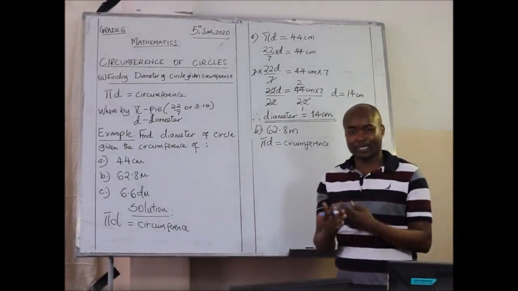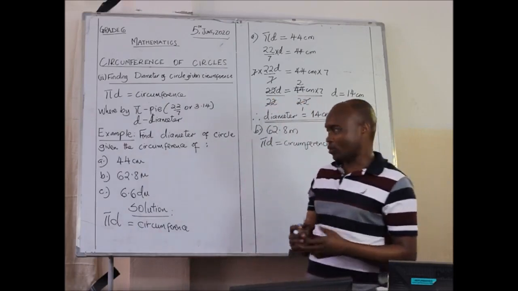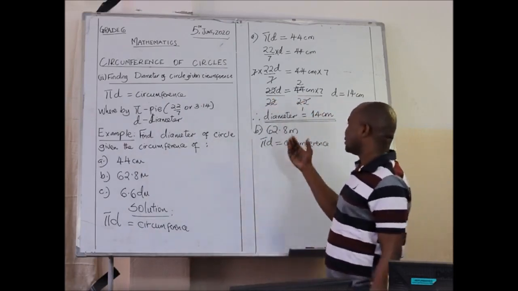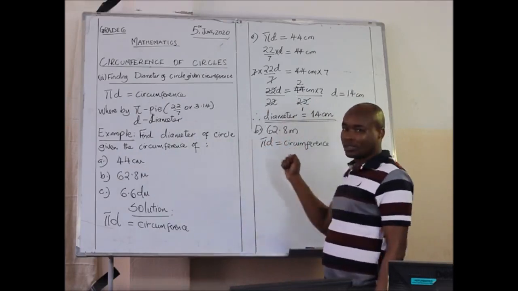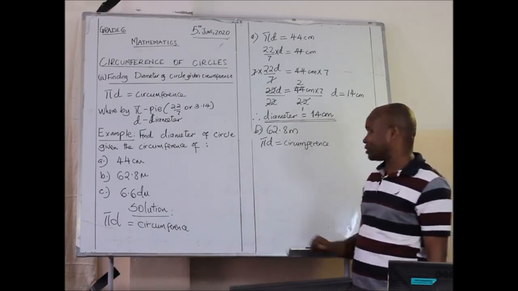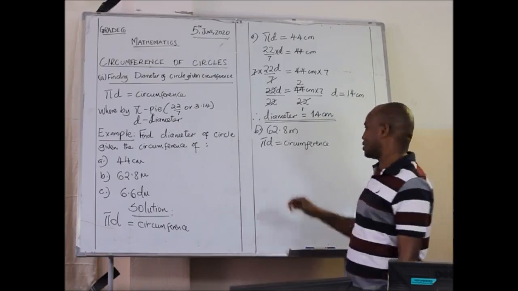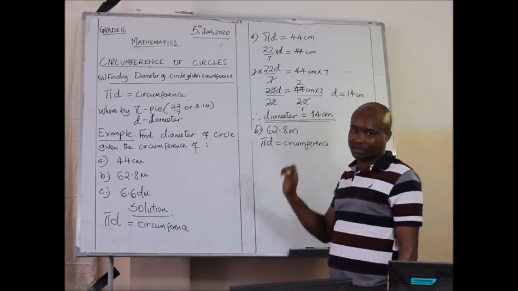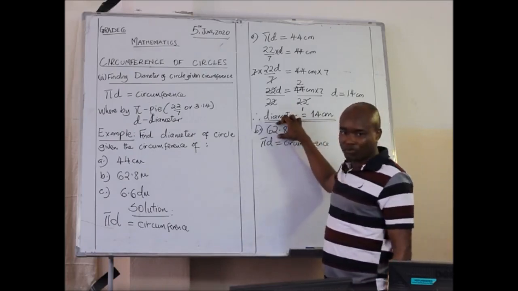Our pi, in this case, we are going to use 3.14. Why? The question, if you look at it well, is in the form of a decimal. Apart from that, there is another reason that makes us not use 22/7. If you look at these numbers clearly, they are not multiples of 11.